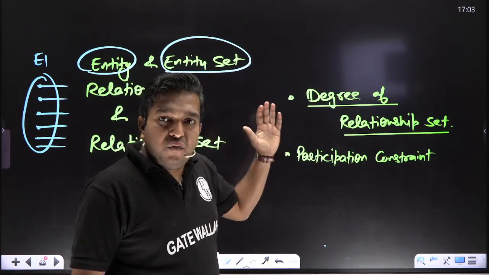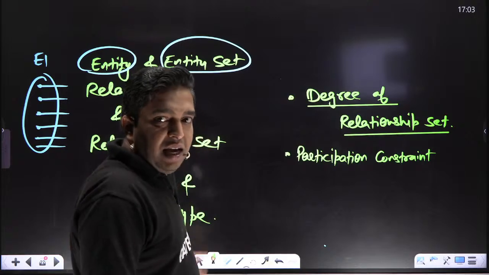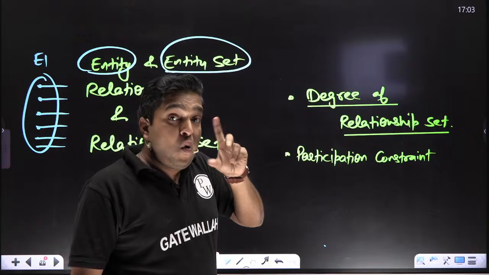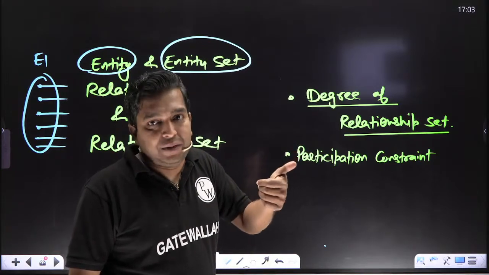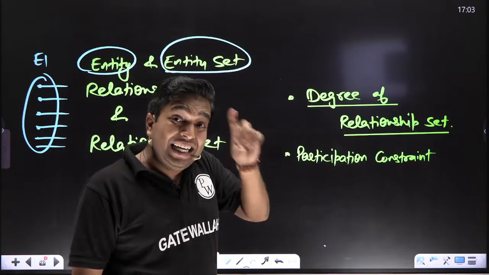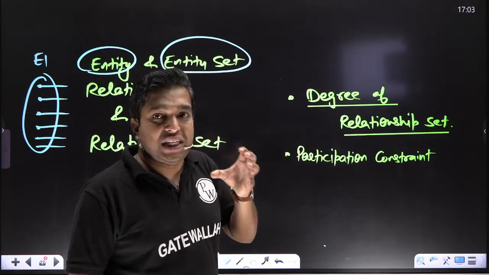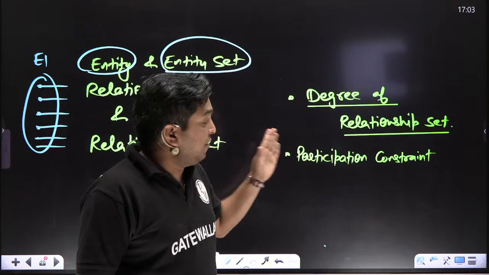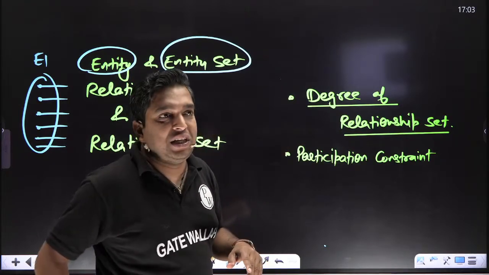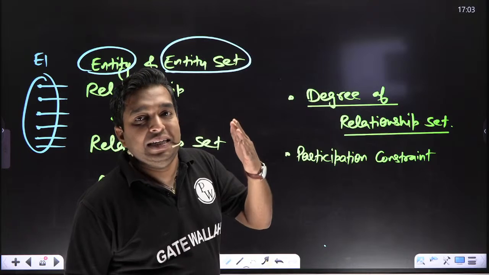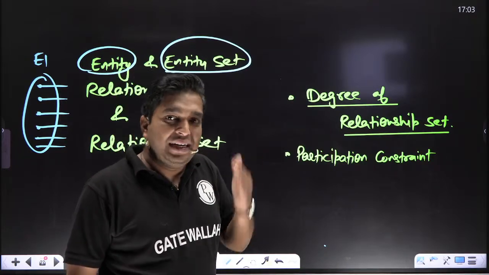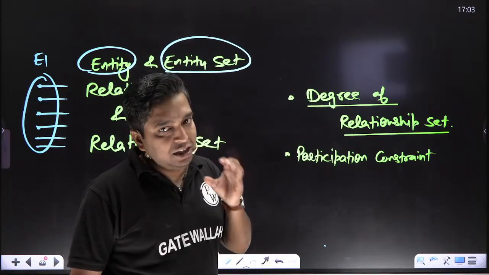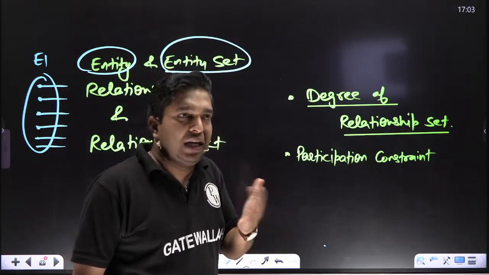Now listen carefully. We did all these things, and we did the degree of relationship set. Degree of relationship set tells you how many entity sets are participating. I stress on entity set. Getting my point? After that, we discussed participation constraint: if all entities of that entity set are participating, then total, otherwise partial.